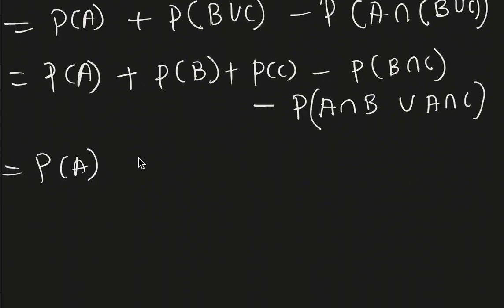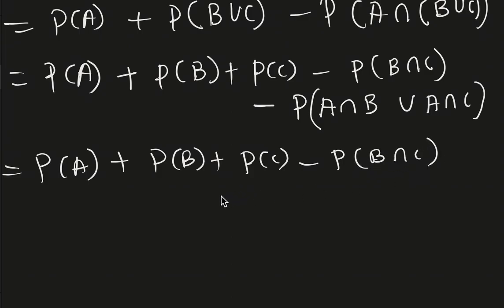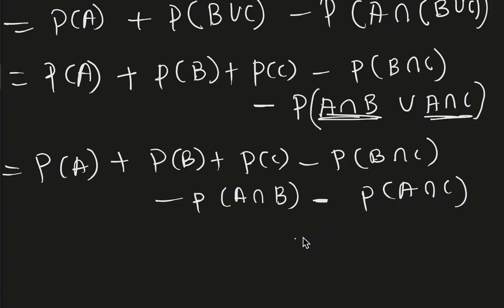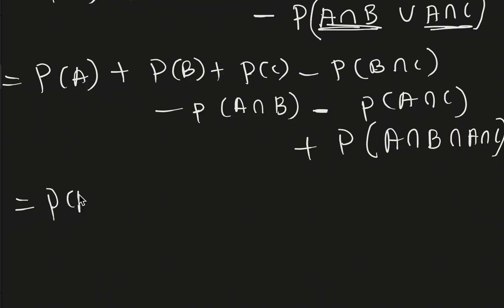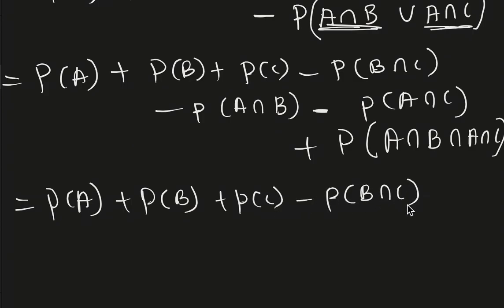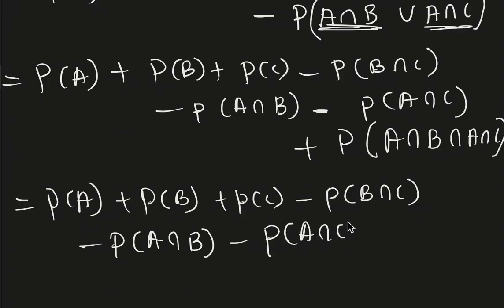So P of A plus P of B plus P of C minus P of B intersection C, and the last term can be written as P of (A intersection B) union (A intersection C). Now applying the addition rule for these two events: P of A intersection B plus P of A intersection C minus P of A intersection B intersection A intersection C. So now we get P of A plus P of B plus P of C minus P of B intersection C, minus P of A intersection B, minus P of A intersection C, plus P of A intersection B intersection C.